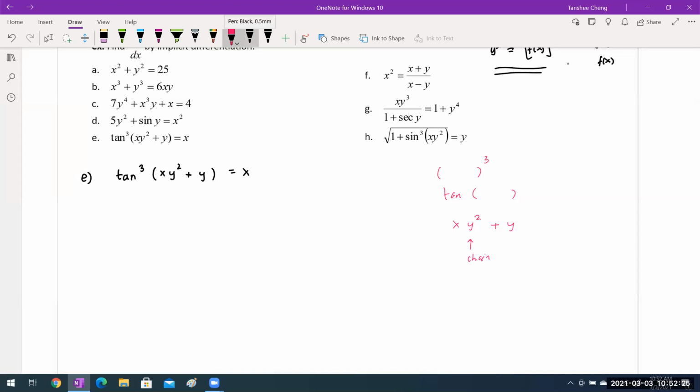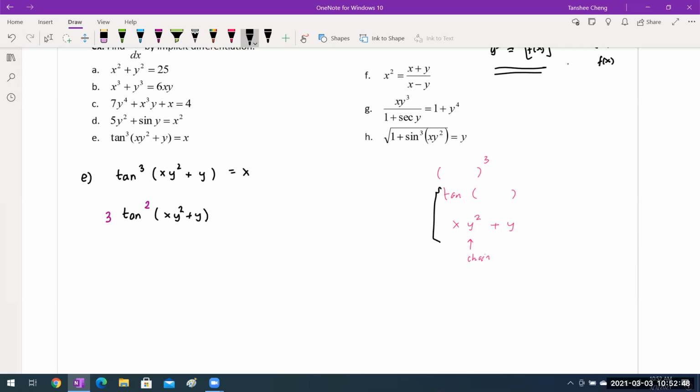So taking the derivative of the power first, that means bringing down the power and then minus 1 from it. So it will be tangent to the second power, and everything inside, the inner functions, will stay the same. That's why I'm writing down tangent of xy squared plus y.